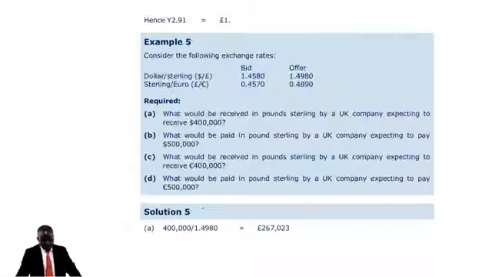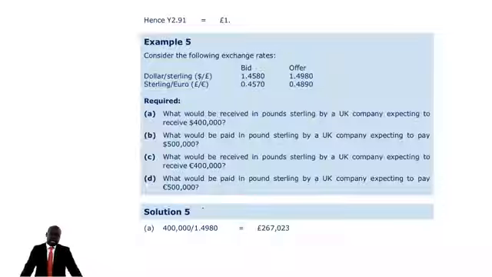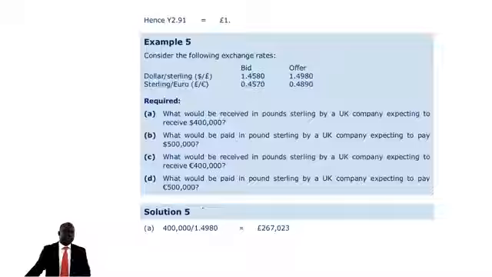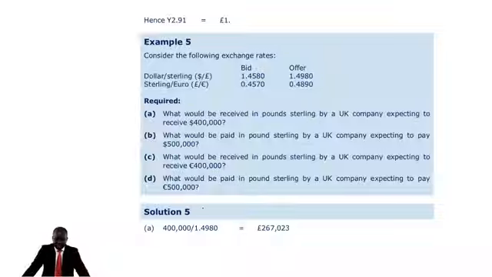Now let's use this example to test our understanding of the bid and the offer. Consider the following exchange rates: bid and offer, dollar/sterling, sterling/euro. Required: what will be received in pound sterling by a UK company expecting to receive $400,000?